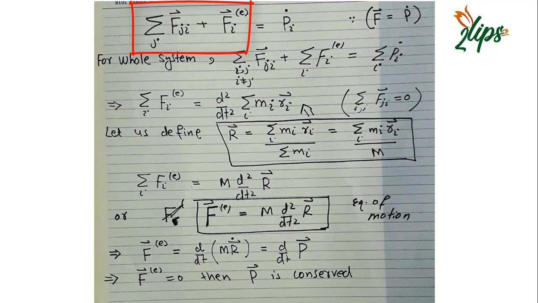The first term is the internal forces. It means the force exerted on the ith particle due to the jth particle, and it is summed over j. Plus the second term is the total external force on that ith particle, and it is equal to the momentum derivative. So I have not changed anything. This is the equation of motion for a single particle in an interacting system.